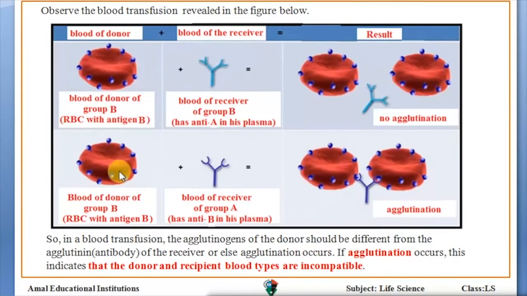If they are identical, they are the same, agglutination will happen. And if agglutination happens, this is going to indicate that the blood type of the donor and the receiver are incompatible. That is, they do not get along together.